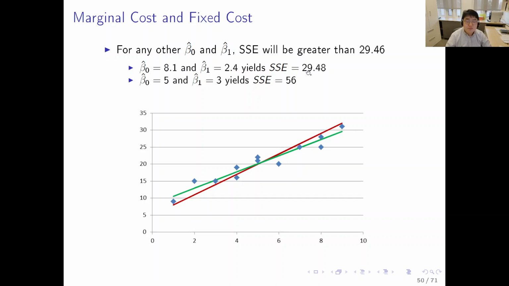And the summation will be 29.48, which is greater than the optimal, the minimum residual sum of squares. And when you try even more different numbers, like beta 0 is 5 and beta 1 is 3, then the residual sum of squares becomes even larger, like 56.